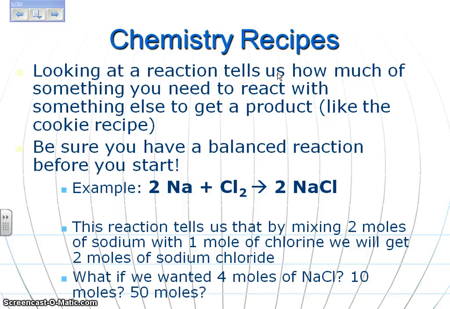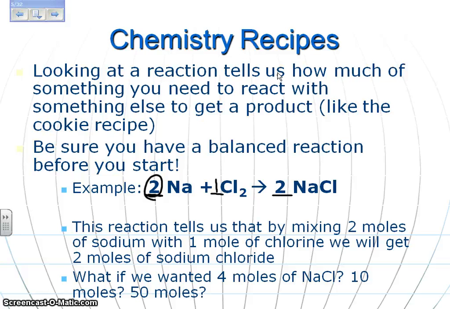In this example, we see that the coefficient 2 tells us that if we mix 2 moles of sodium, because these coefficients are mole ratios, with 1 mole of Cl2, we're going to get 2 moles of sodium chloride.